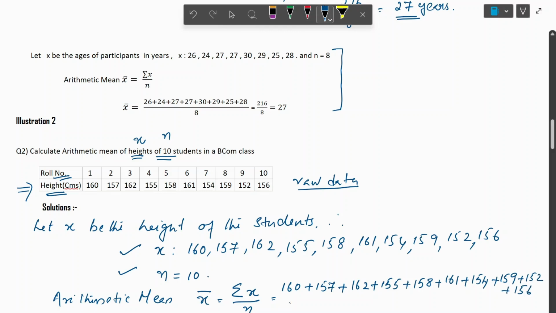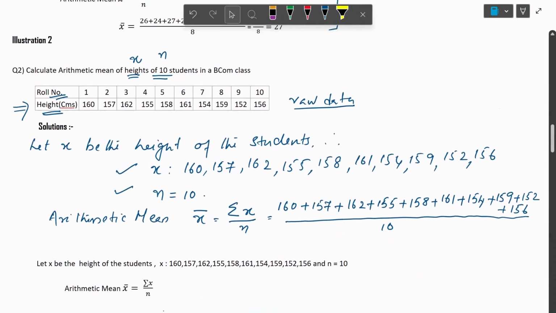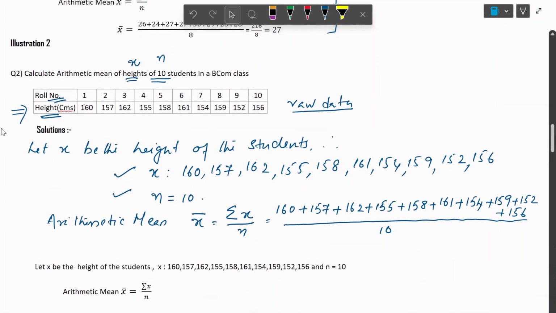Try to write in one line only. Whole divided by 10. Now take your calculator and add these numbers.